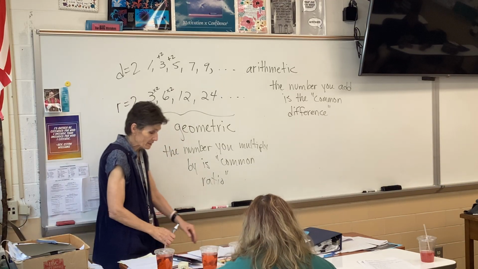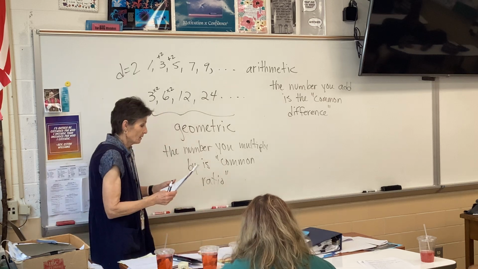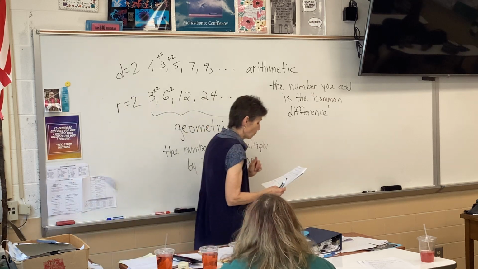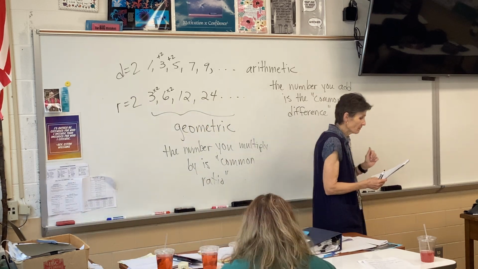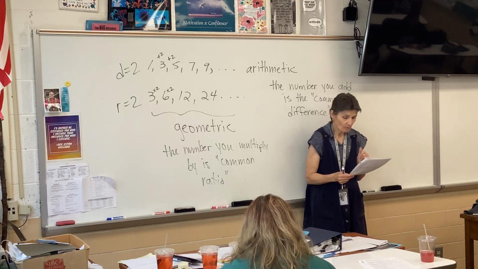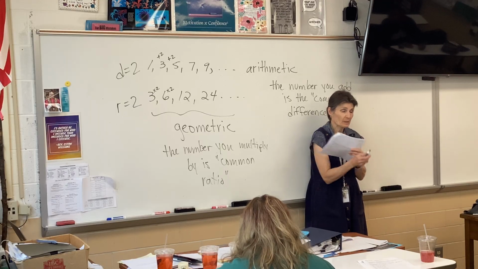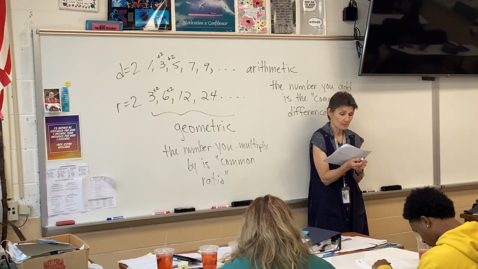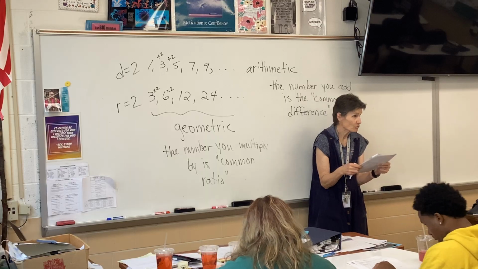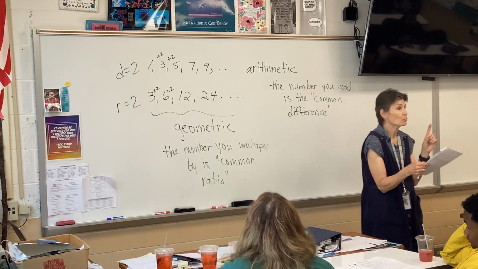All right, before we get to the formulas, let's see if you can do problem number 1. Identify the following as arithmetic, geometric, or neither. Let's look at number 1. What do you think about letter A? Geometric. What is the ratio?